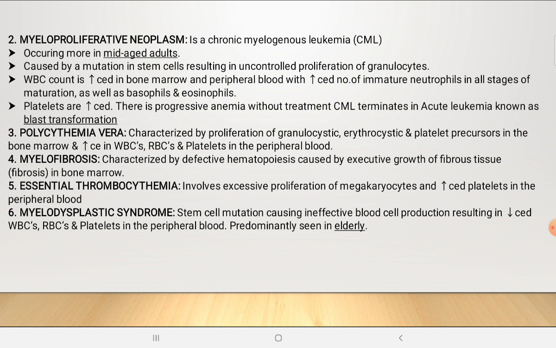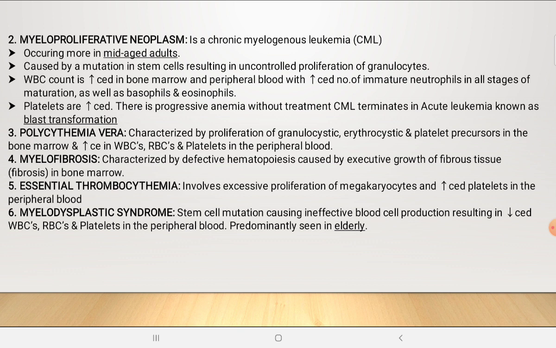Now, the second type, myeloproliferative neoplasm, is chronic myelogenous leukemia, CML, occurring mostly in middle-aged adults. It is caused by a mutation in the stem cells, resulting in uncontrolled proliferation of your granulocytes.